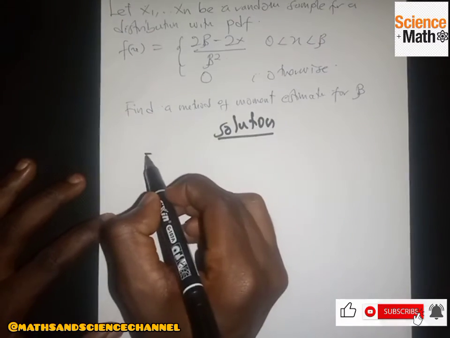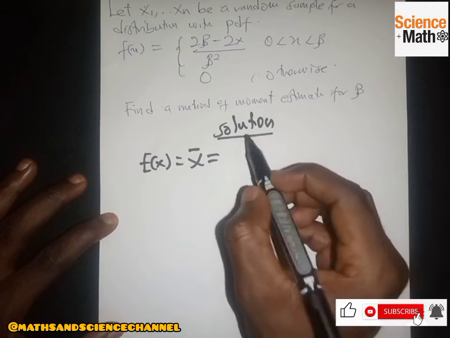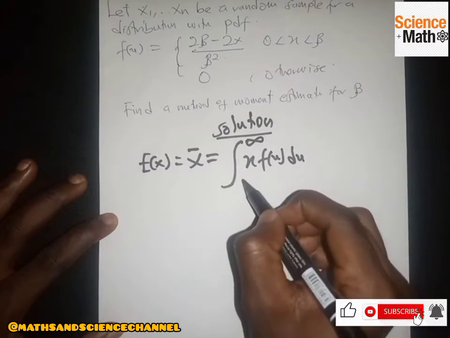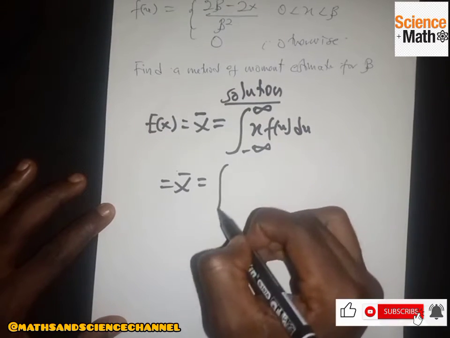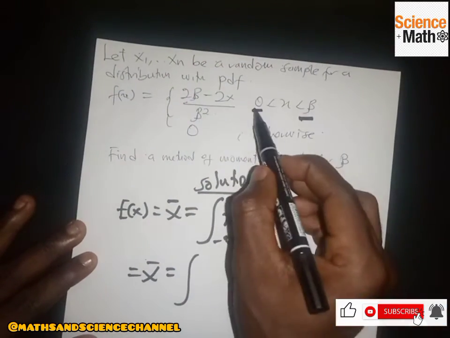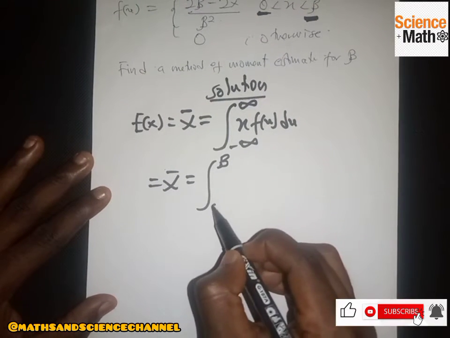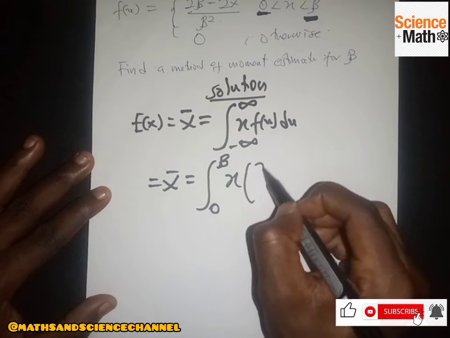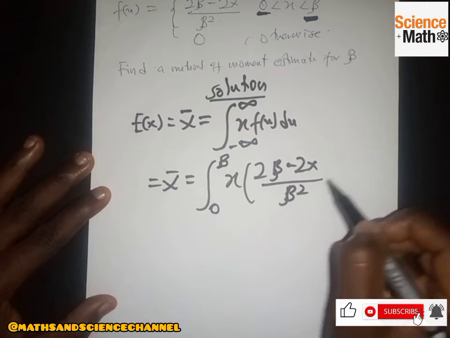In a continuous case, we are given μ, which is equal to x bar, the mean, equal to the integral of x f(x) dx. So we have x bar being equal to the integral from 0 to β, so the upper limit is β and the lower limit is 0, of x multiplied by the piecewise function, so x multiplied by (2β − 2x) divided by β².